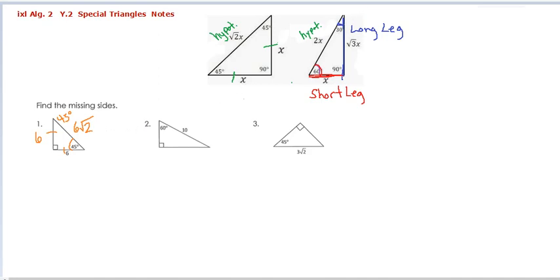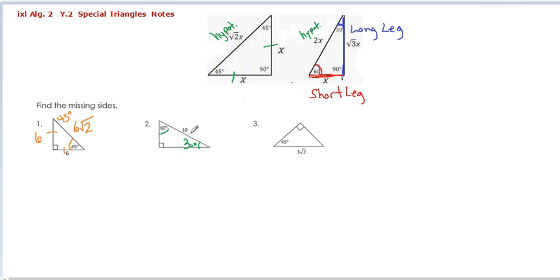Okay, so moving on to this next one. Here's one clue. We've got a 60-degree angle there. So we automatically know that the other angle is going to be 30 degrees. All right, now we can figure out what the sides are going to be. Now, pay attention to which leg clue that you're given.